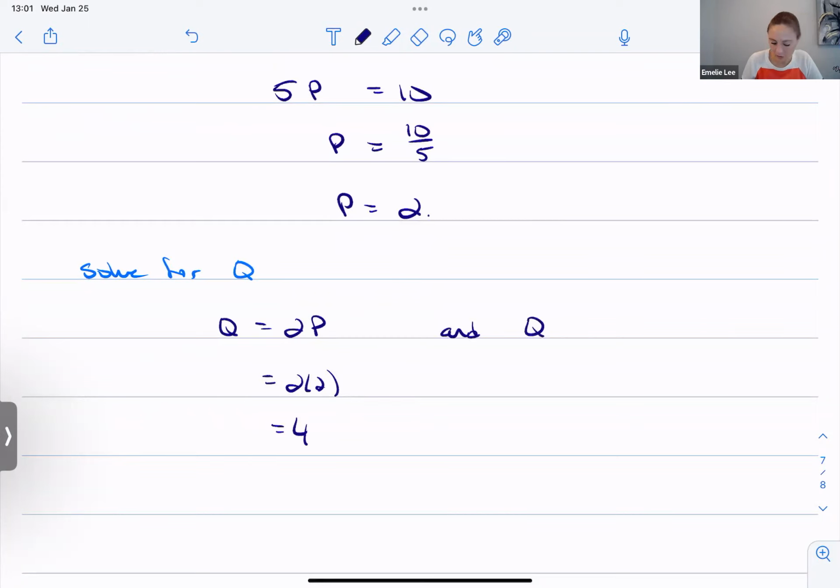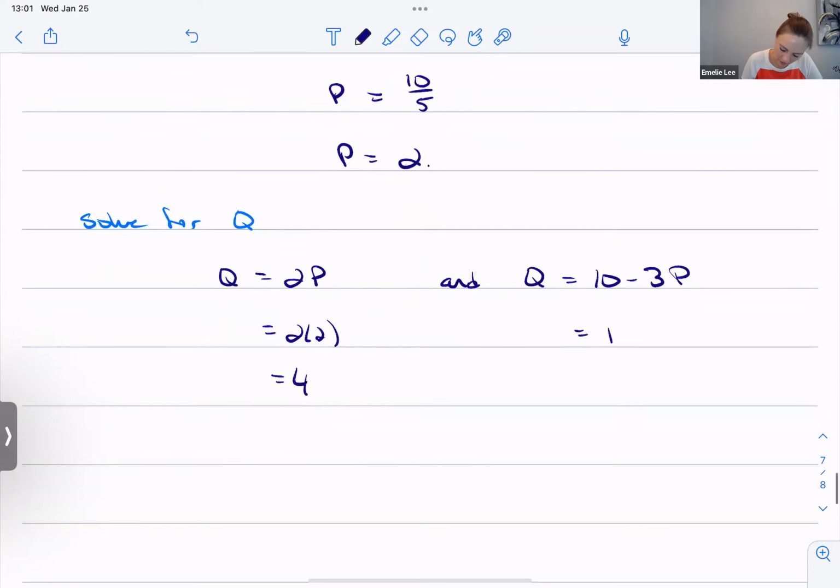And just to check, Q is 10 minus 3 times P, which is 10 minus 3 times 2, which is also 4. So you can always check, they should be at the same point.